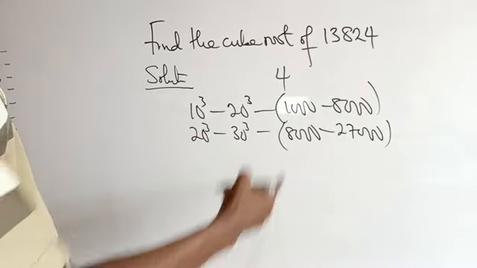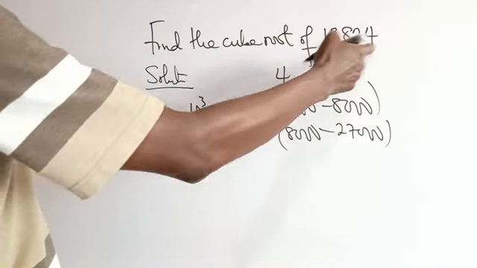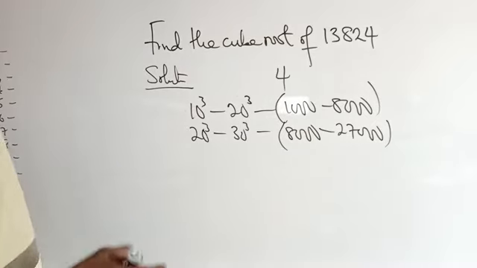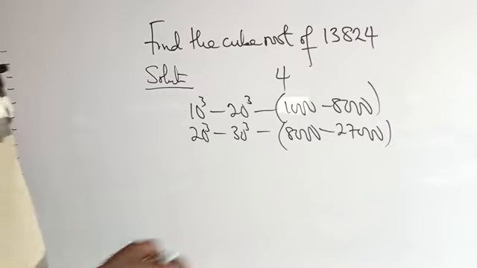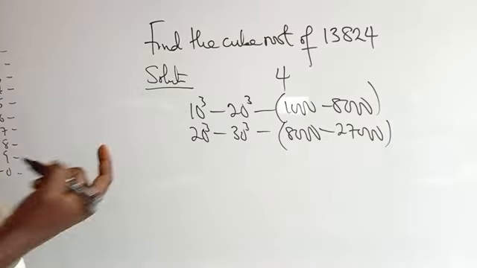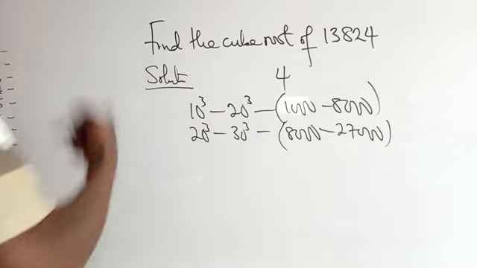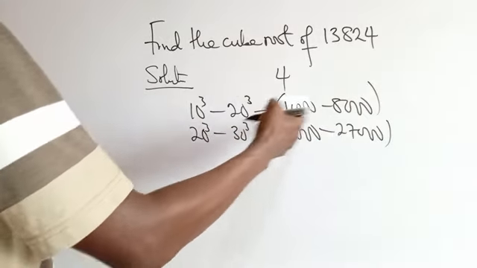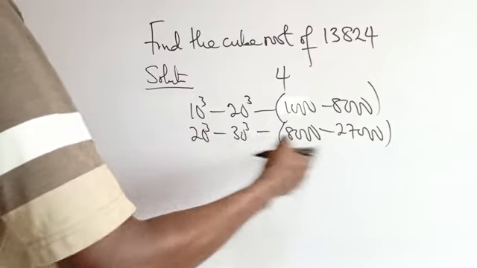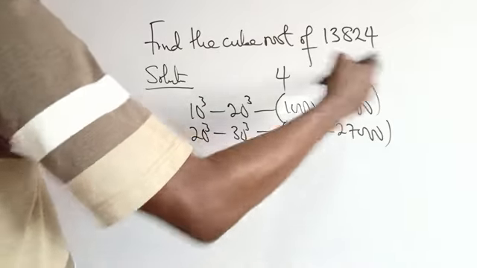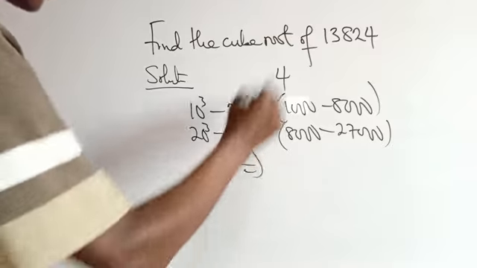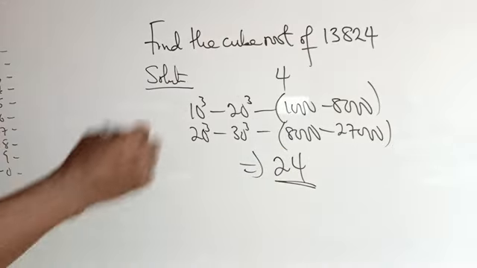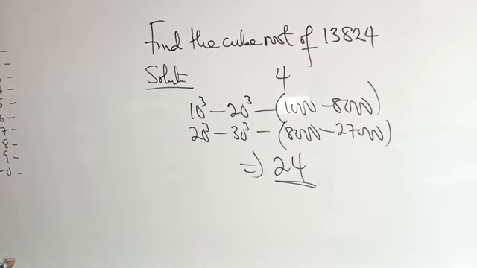Yes, this is 13,000, so it's between 8,000 and 27,000. Like I said in the previous example, if it is between 1,000 and 8,000, you add 1, but if it is between this and this, you add 2. Therefore, the answer to this is 24. You can use your calculator to check if this is correct.